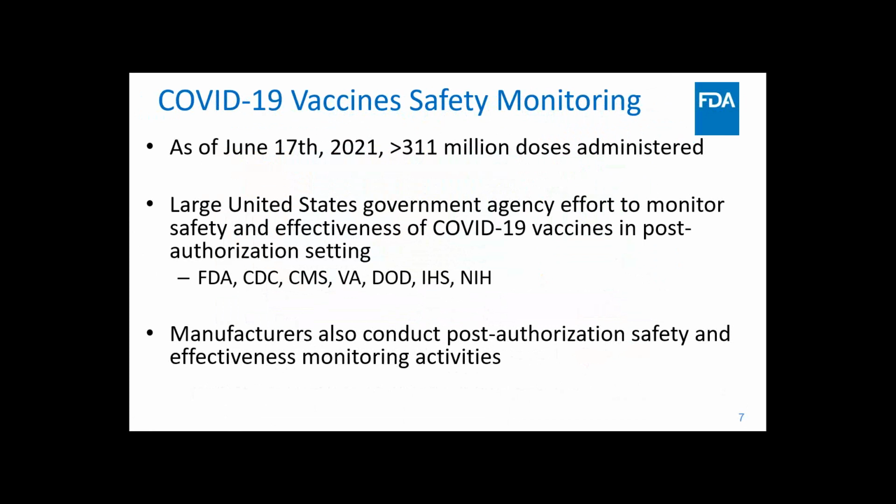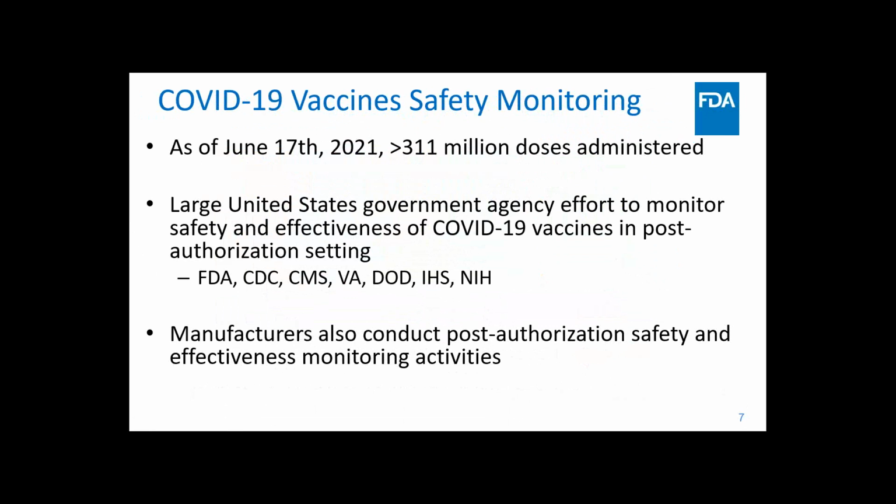So with regard to COVID-19 vaccine safety monitoring, as of June 17th, there had been 311 million doses administered. And there's been a large U.S. government agency effort to monitor the safety and effectiveness of the COVID-19 vaccines in the post-authorization setting. Multiple government agencies are involved.